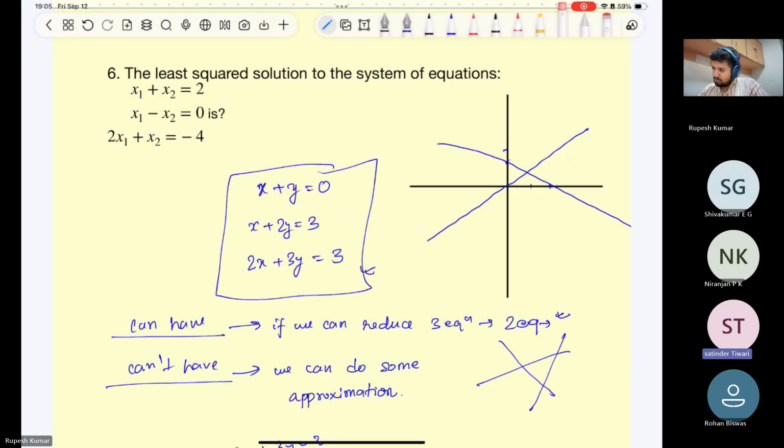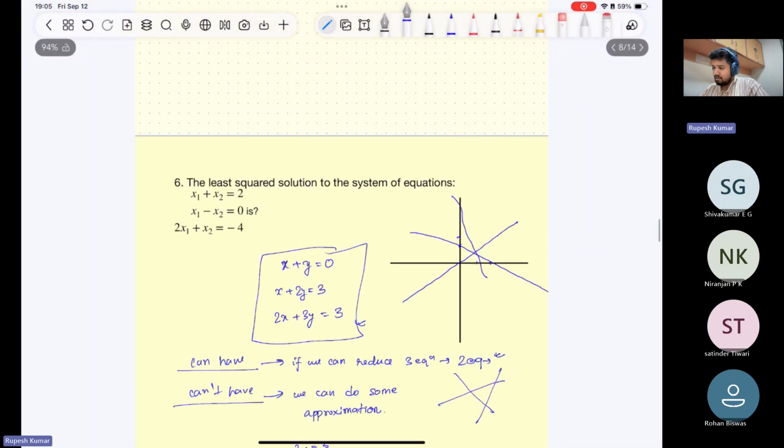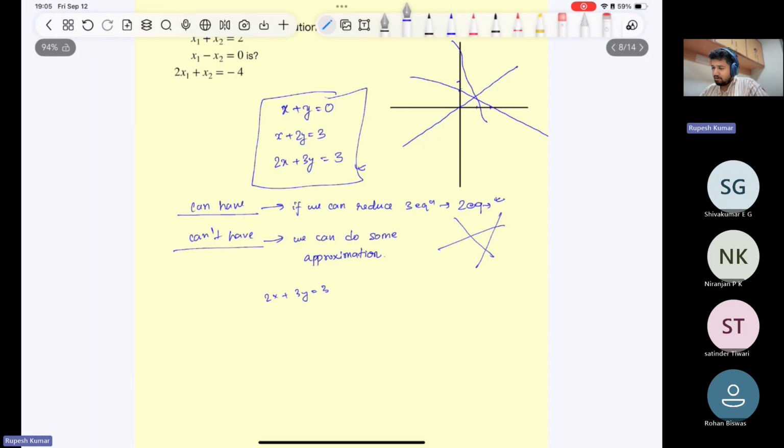You have drawn the graph of this line only, I think. So let me check. Put y 0, x 0, y is 3 by 2. Yeah, it will go something like this. Okay, so this was a simple case where we were able to reduce these 3 equations into 2 equations.